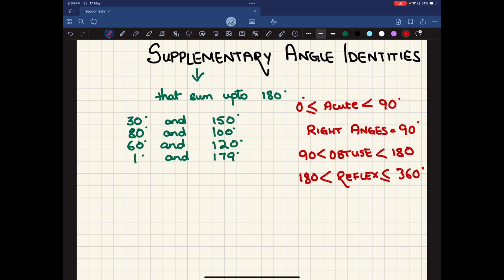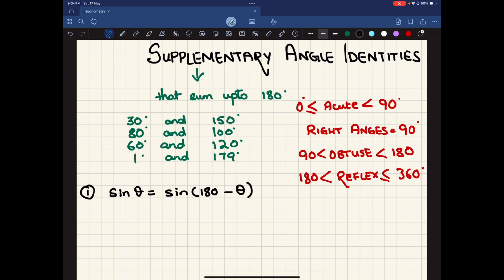Okay, so first thing that you need to know and understand is that supplementary angles are angles which add up to 180 degrees. Now the first identity is sine of theta is equal to sine of 180 minus theta.